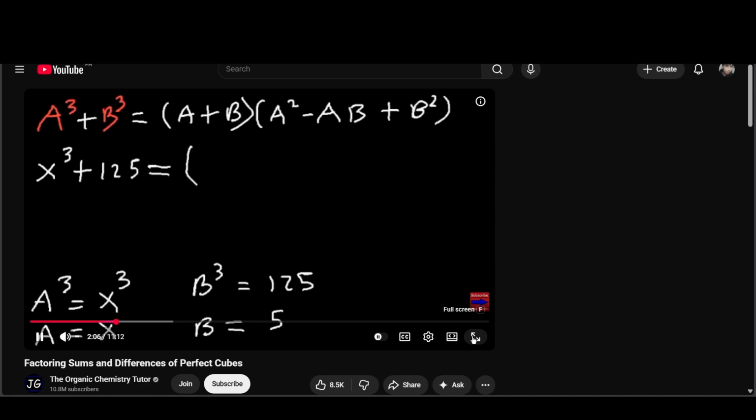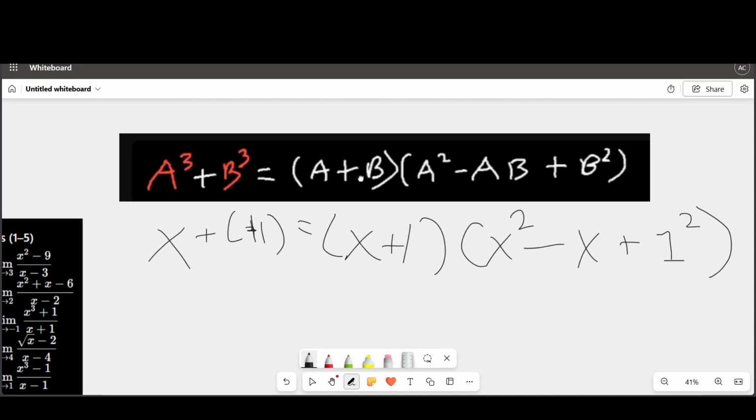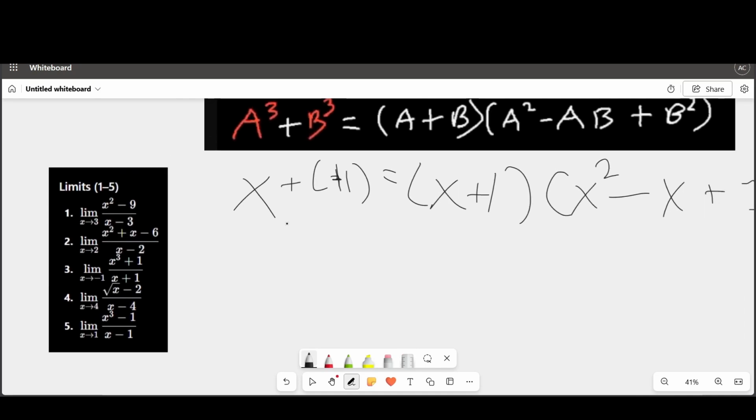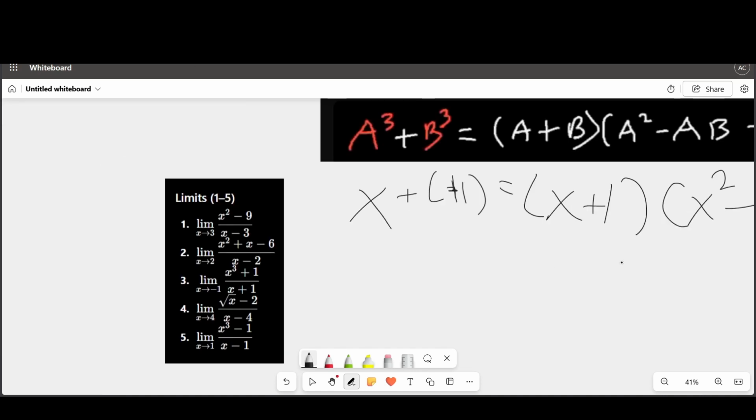So instead of writing a plus b, multiplied by a squared minus a times b, or x squared minus 5 times x. And so that's how you can factor. Let me just go back here and see how they solve this. I'll just ask ChatGPT how it solves this, and I'll see if my approach to this is correct.